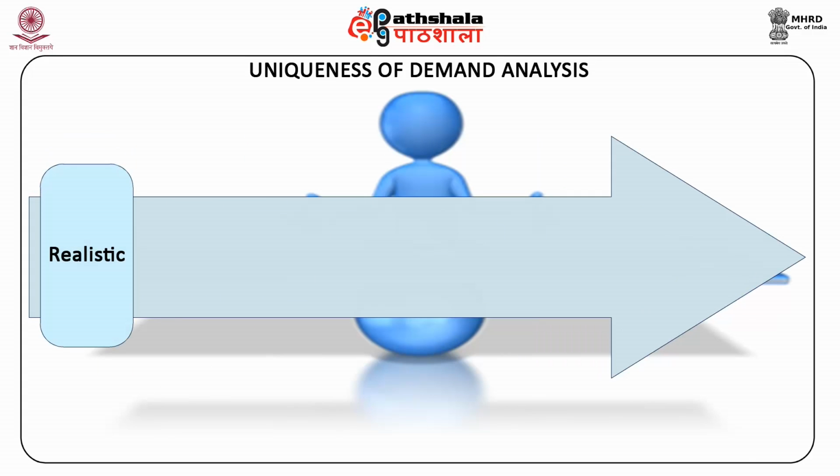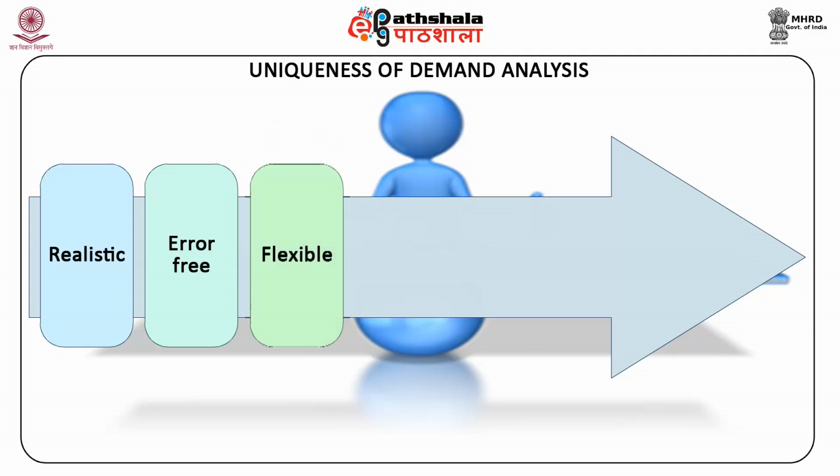Realistic. The analysis should be as realistic as possible. Error-free. The analysis should be error-free, as errors may occur due to collection of information and data and because of other factors impacting a project. Flexible. The analysis should be capable enough to incorporate future changes as and when they happen.